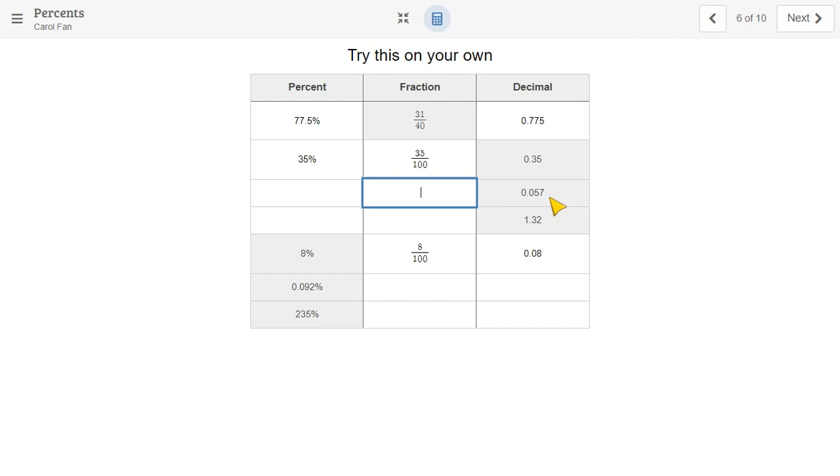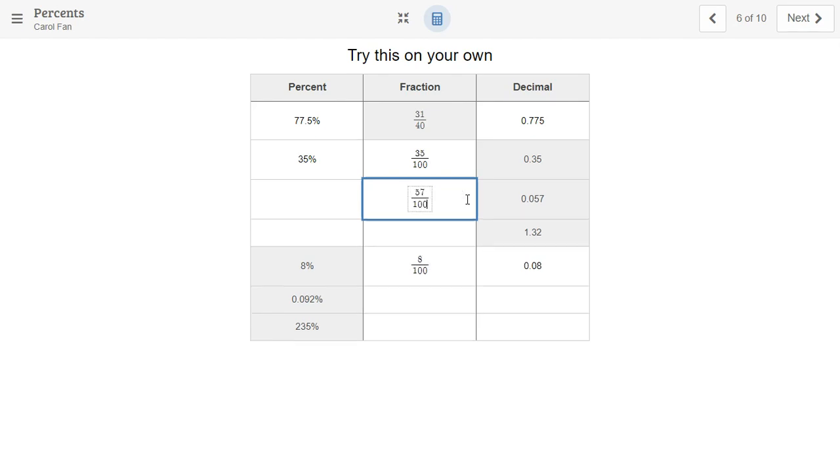So I know that the denominator will have 3 zeros. 57 divided by 1,000. 3 zeros correspond with the number of decimal spots here. As a percent, we're going to take this and multiply it by 100. I'm taking the decimal spot and moving it 2 units to the right. So we have 5.7%.